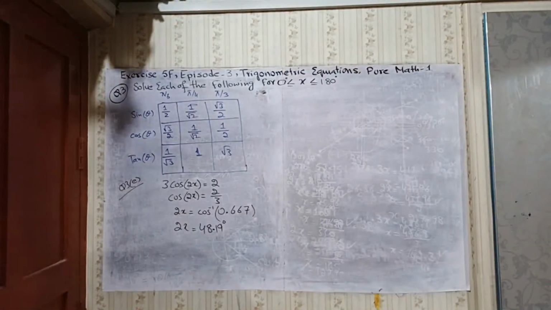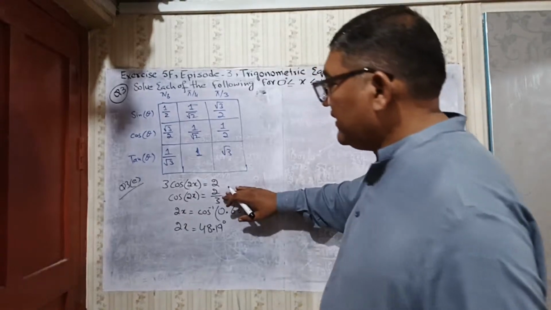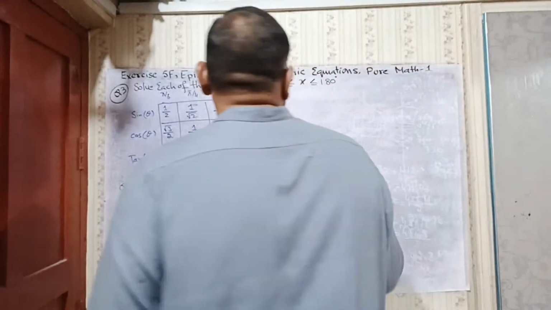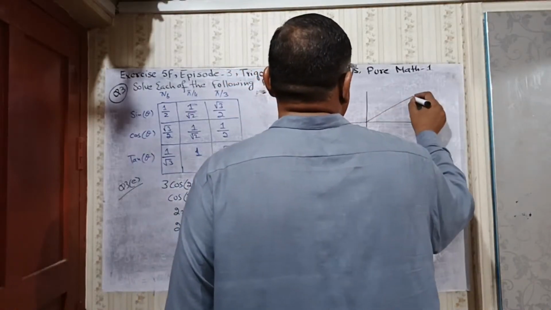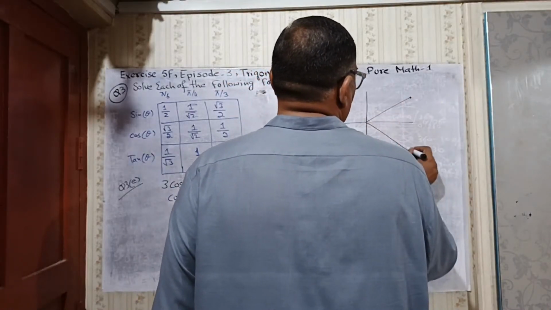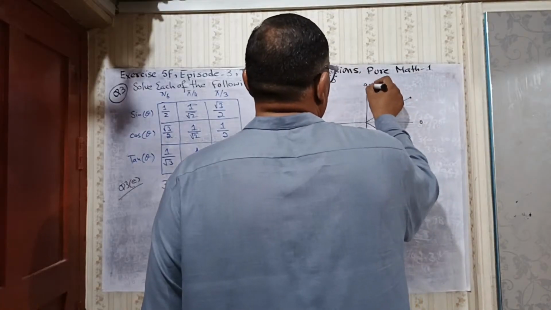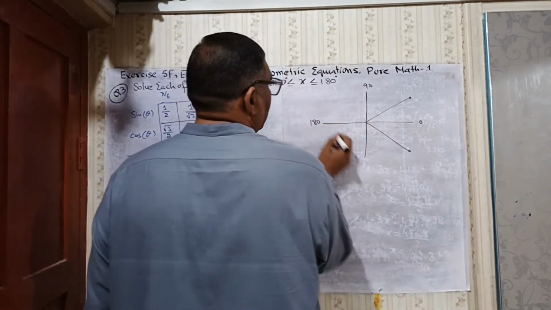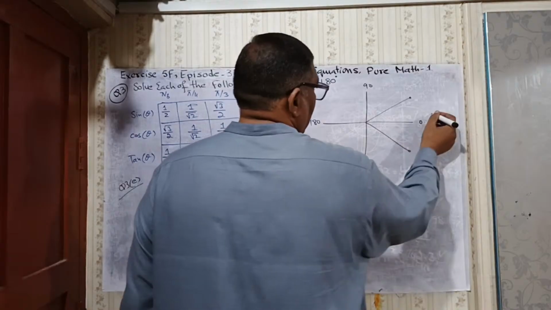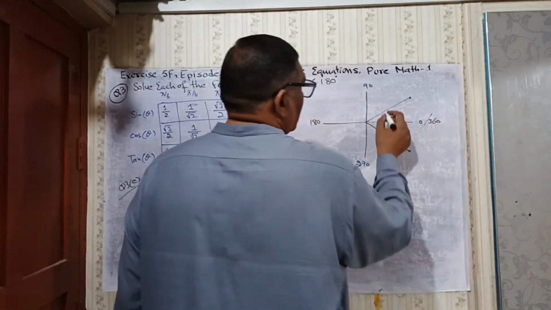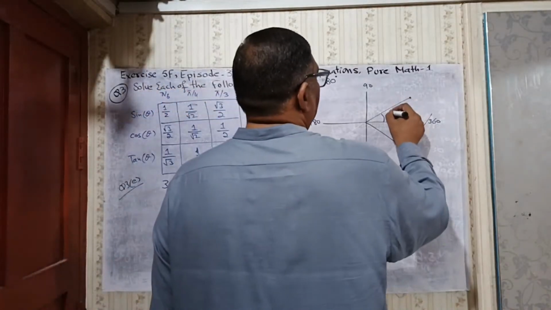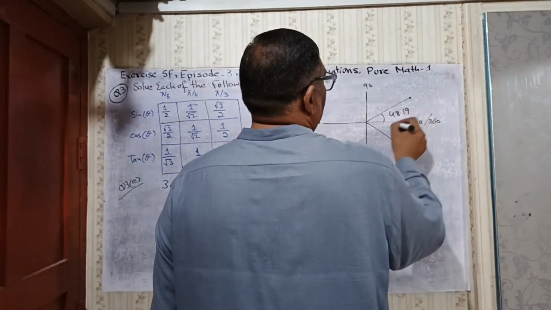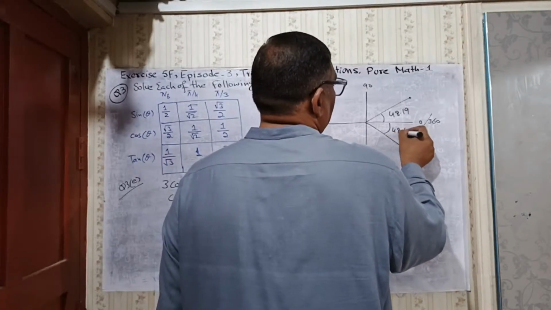Because the cos is positive here, that means cos is positive in two places, in the first quadrant and in the fourth quadrant. This is 0, this is 90, this is 180, this is 270, and this is 360. This base angle is 48.19, and this base angle is also 48.19.